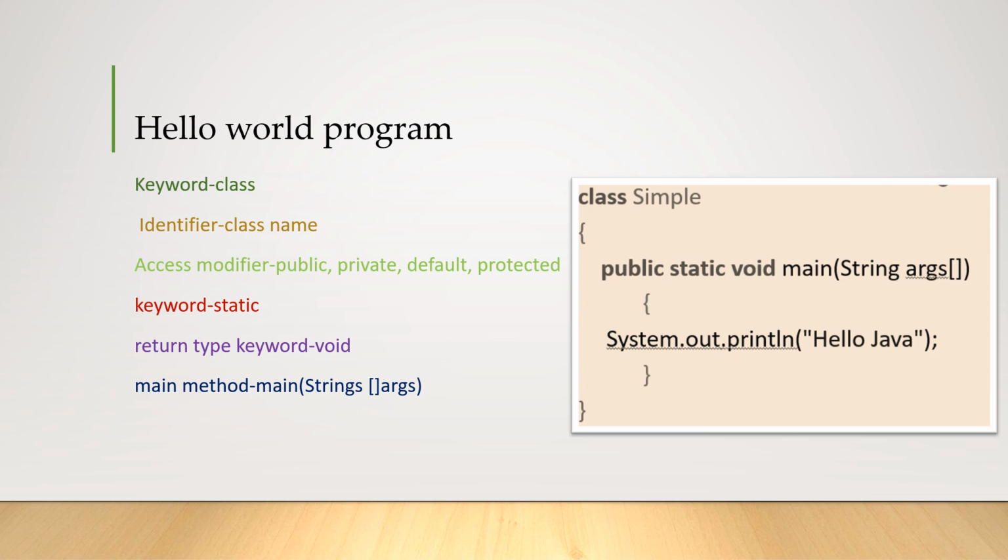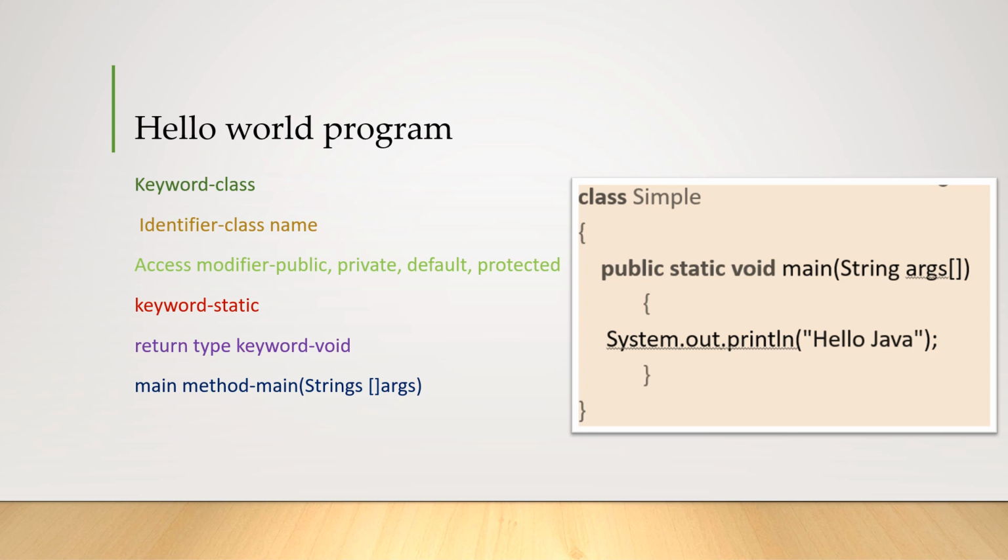So public static void main is the structure. It won't change. In every program a main method needs to be there, and it will execute as the main method. So in this main method, why are we using public static void main string args?